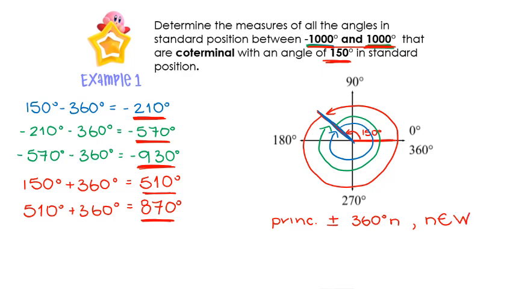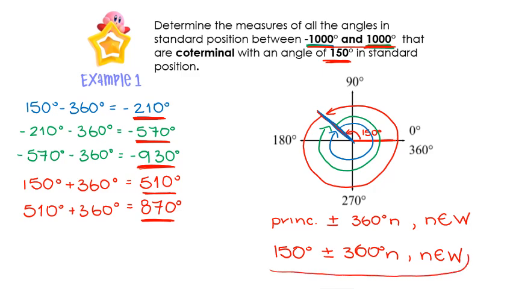So our generic expression is our principal angle of 150 degrees plus or minus 360 degrees times n, where n is a whole number. And this is going to represent all possible coterminal angles.